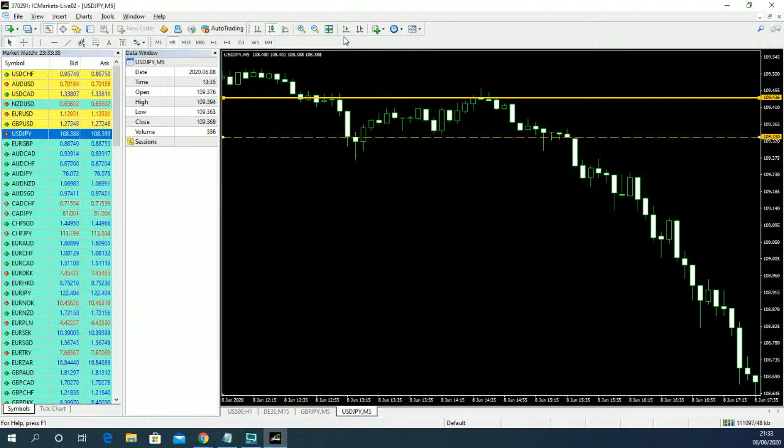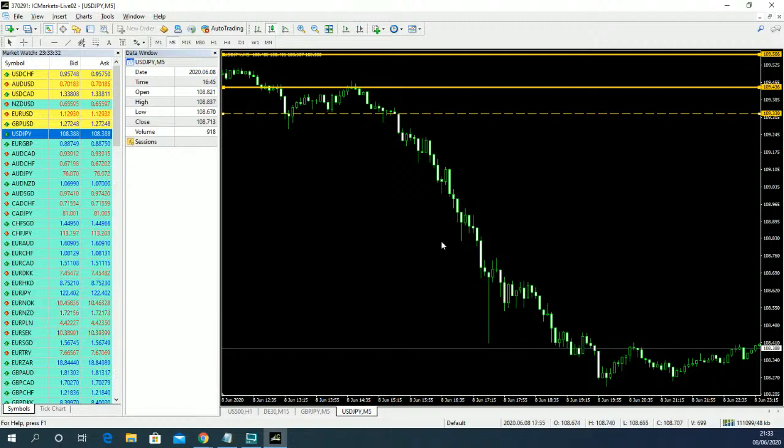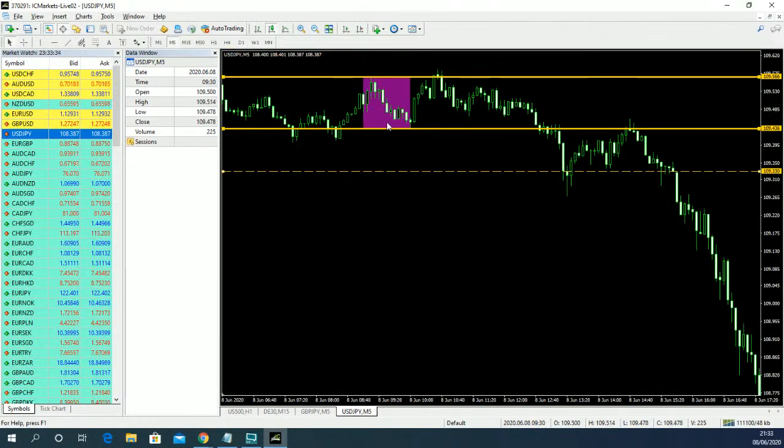When we sell at the close of that candle, we are aiming for this TP1. As usual, let's take the measurement. This is a good one this time, 13 pips for TP1. Our stop loss will be from here to there.